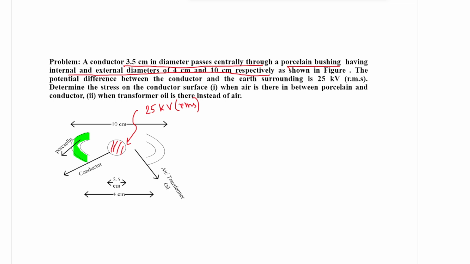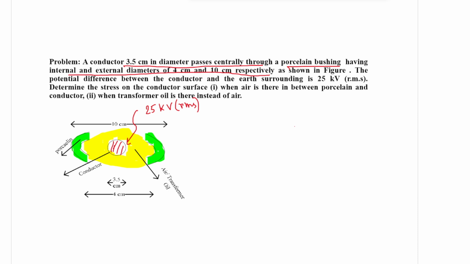This green shaded region is the porcelain bushing, and the yellow shaded region is the transformer oil. So this is a practical example of this type of model.